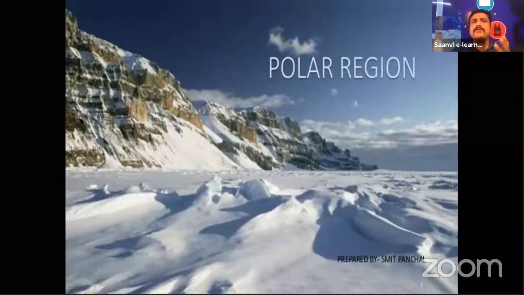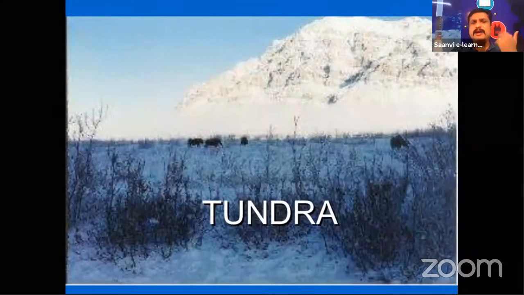That particular area we call the polar region. And tundra, the same term I told you, means cold, even a hill or mountain fully covered. Some vegetation we can see, some small grasslands in the outskirts of this tundra region.